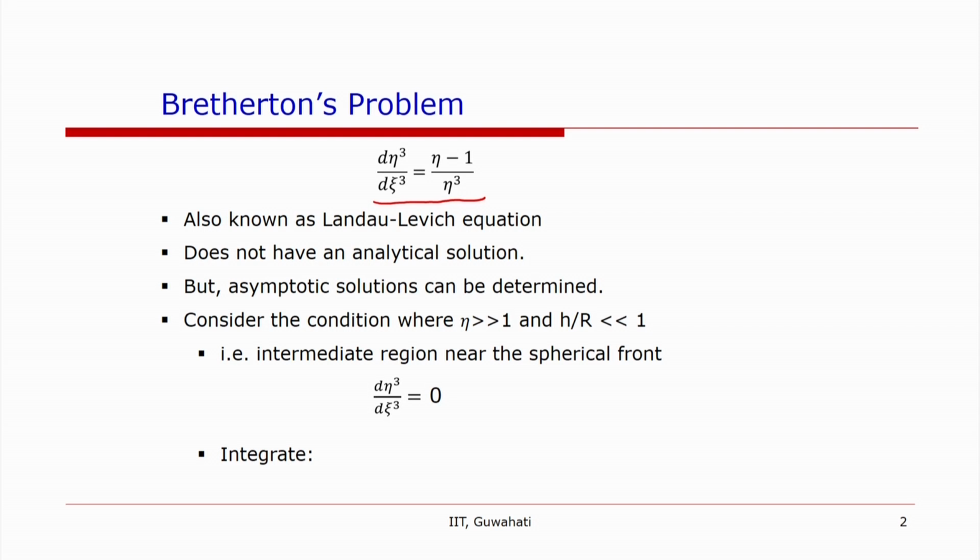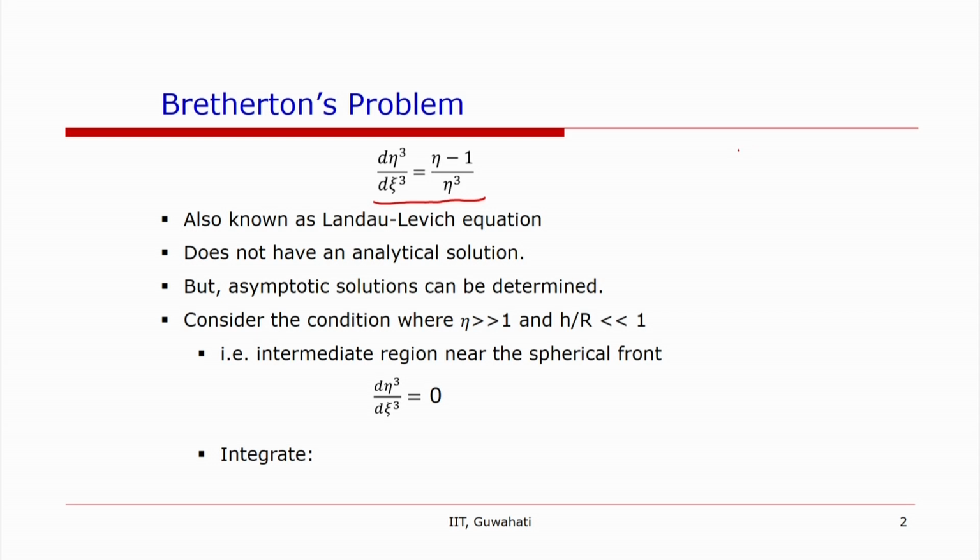Two problems that we understand already: one is the flow of a long Taylor bubble. When I say long, that means the bubble should be long enough that it has a constant thickness film region.